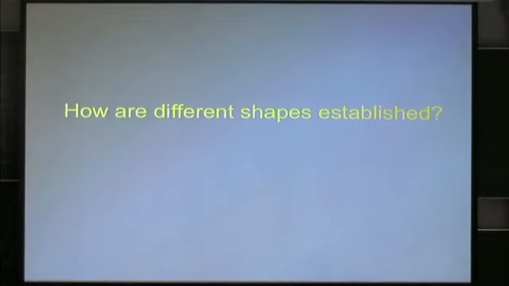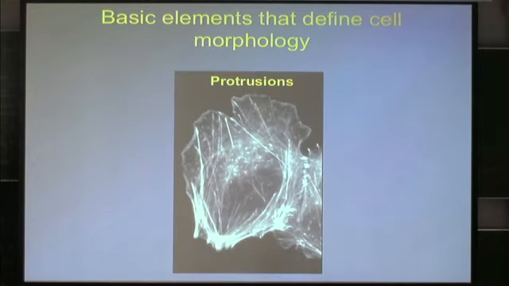I will explain two or three of the most important structures in cells that define the overall shape and the dynamics of cell behavior. First, we have those protrusions, as I mentioned before.